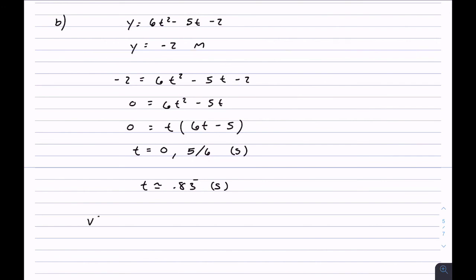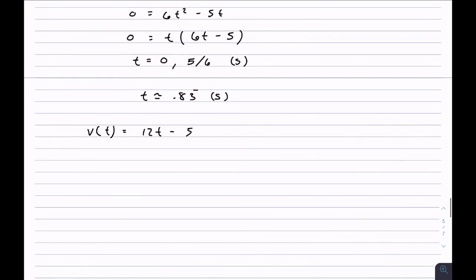So velocity, v of t, is equal to 12t minus 5. Let's plug our time back in there, because I was starting to do it in my head and I realized I didn't have the whole function. We need that constant. So v of 0.83 is equal to 12 times 0.83 minus 5.